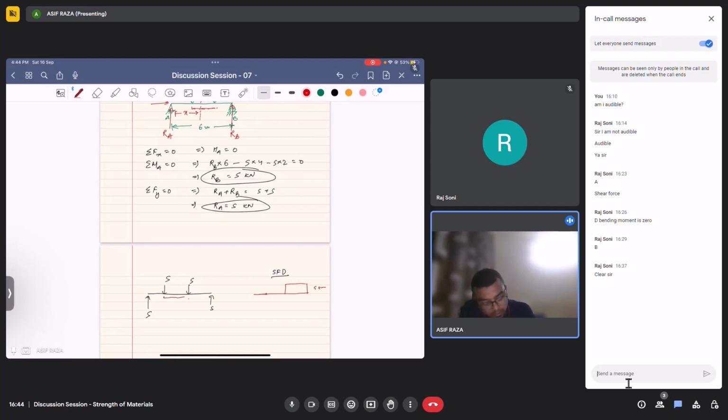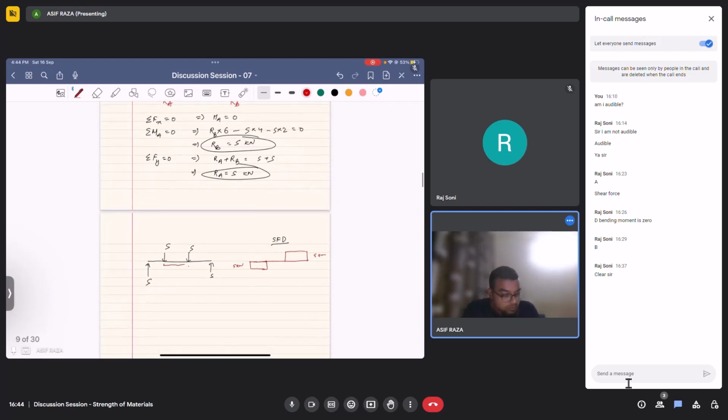Then as soon as we move more towards left, we'll go down, like minus 5 will come out, then again like this. Okay, so this is what would be the shear force diagram.